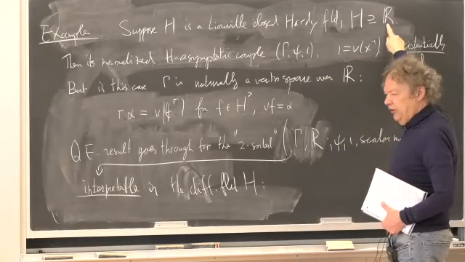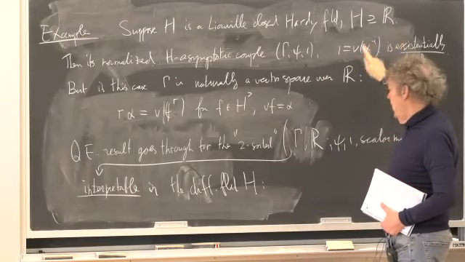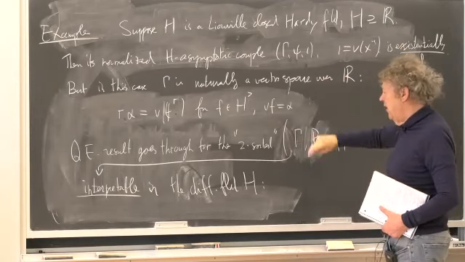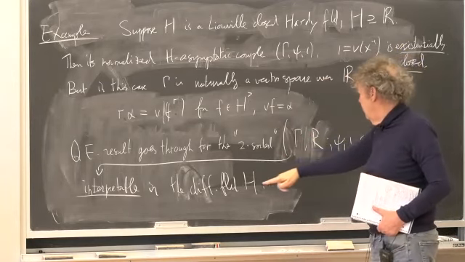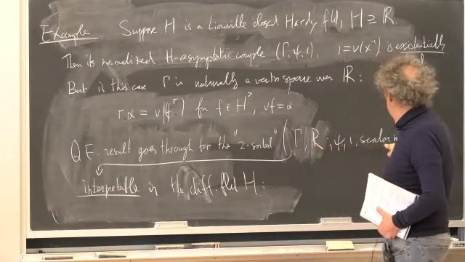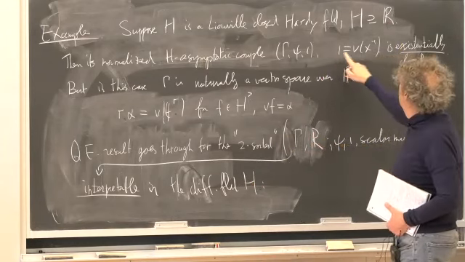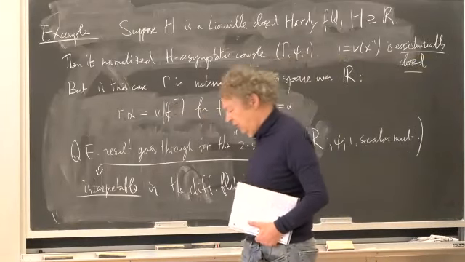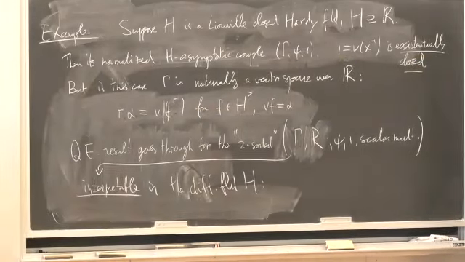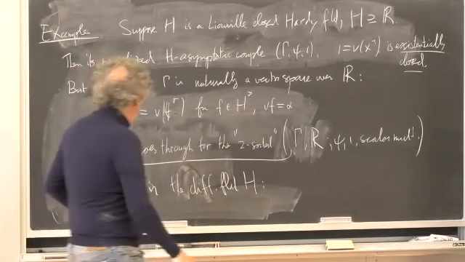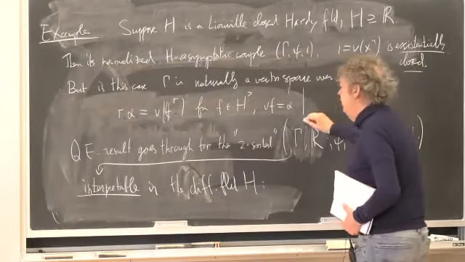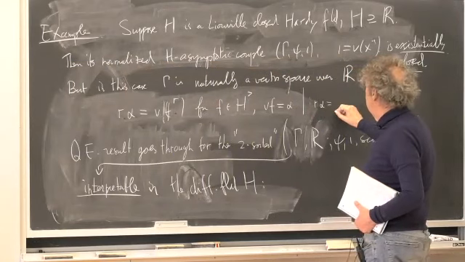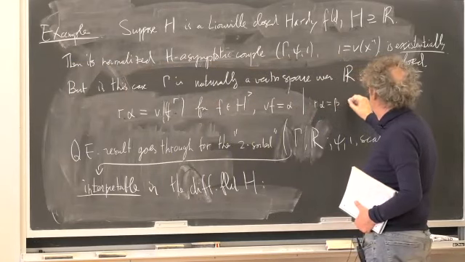So you have R available, and then the valuation is interpretable there, and then the scalar multiplication. Well, here you have to be a little bit careful because f to the power r is not a definable operation.